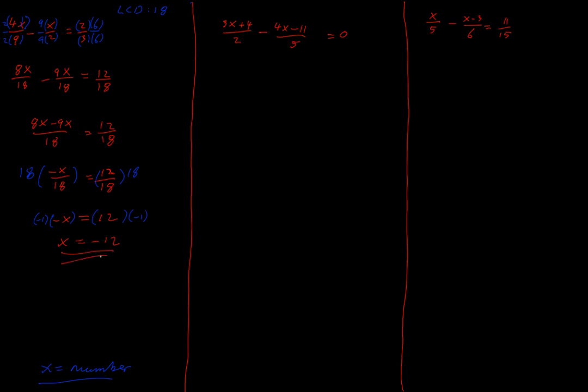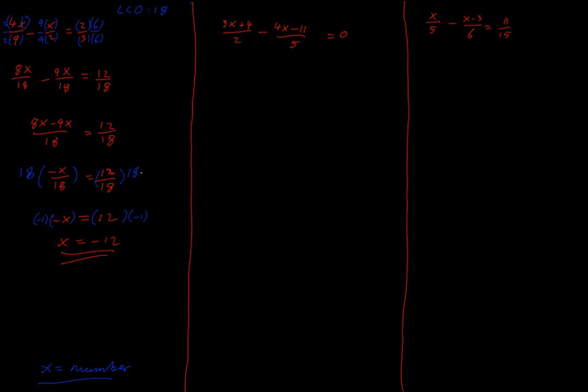But let's interrogate what we've done a little bit. We got the lowest common denominator for all of our fractions. Everything was over 18 now. I wrote it as a single fraction on the left hand side is equal to a single fraction on the right hand side, and I told you that that was to try and avoid making mistakes with minus signs that can come in more complicated questions.